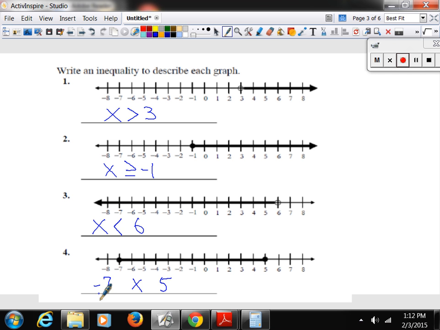So that's greater than. That's going to go this way. Greater than or equal to. And we want numbers that are smaller than 5. So less than 5. So they're going to be greater than -7, and they're going to be less than 5. So those would be the inequalities there.